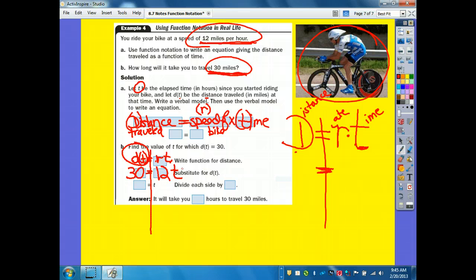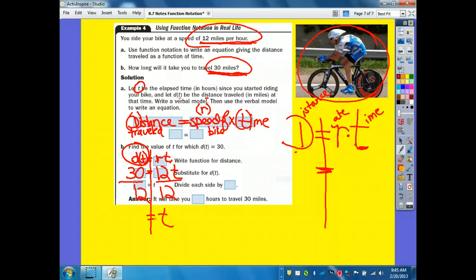How do I solve that? 30 equals 12t. We're down to a one-step equation. What do I do to both sides? Divide by 12. So the time it took us to go 30 miles at 12 miles an hour is what? I see some calculators going.